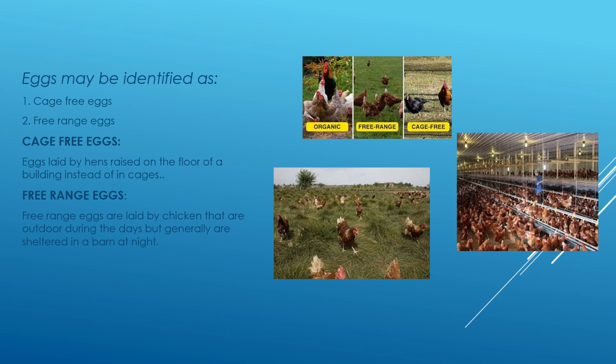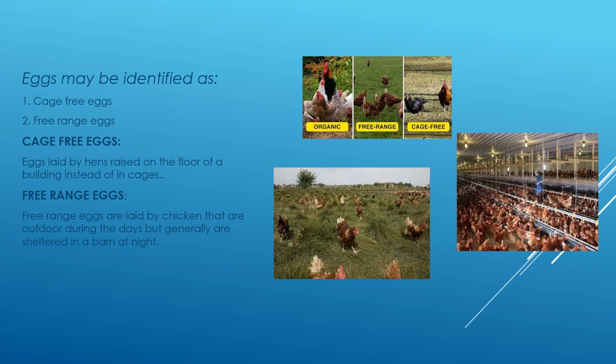What are cage-free eggs? Eggs laid by hens raised on the floor of a building instead of in a cage. I have read that according to USDA, cage-free eggs come from hens that are housed in a building. It could be a room, it could be an enclosed area that allows for unlimited access to food, water, and provides the freedom to roam within the area during laying cycle.